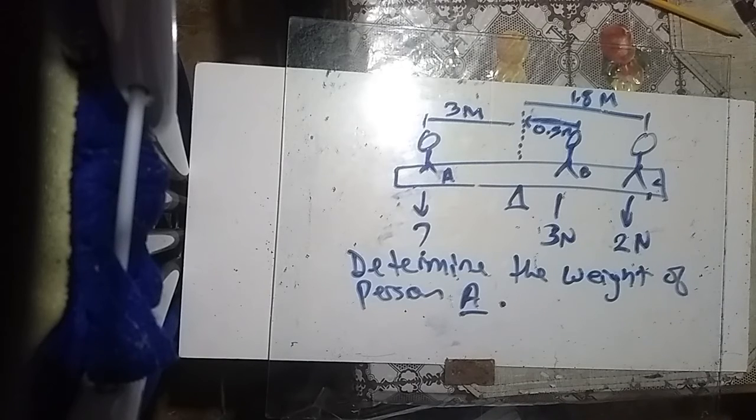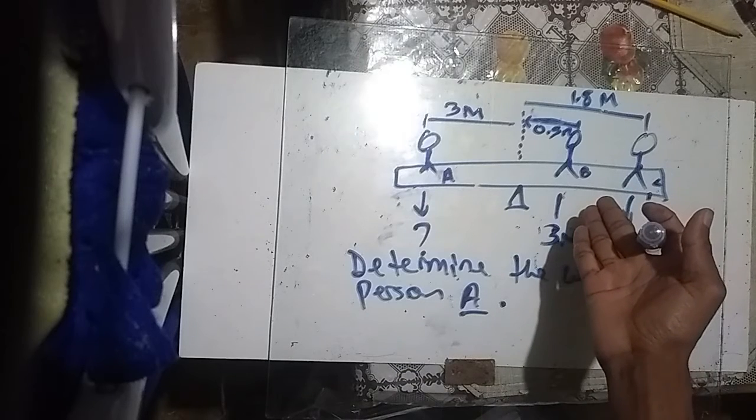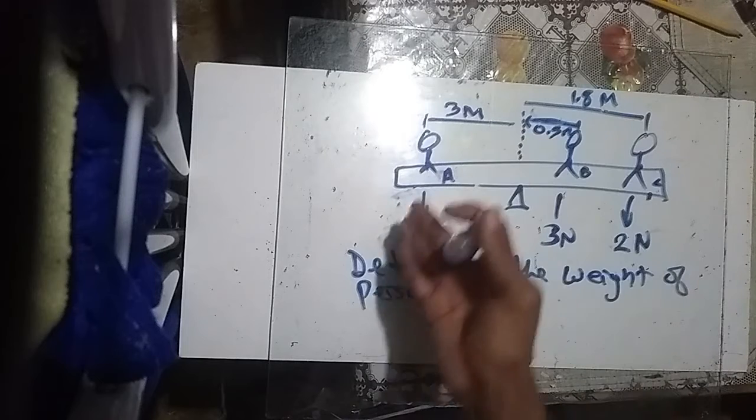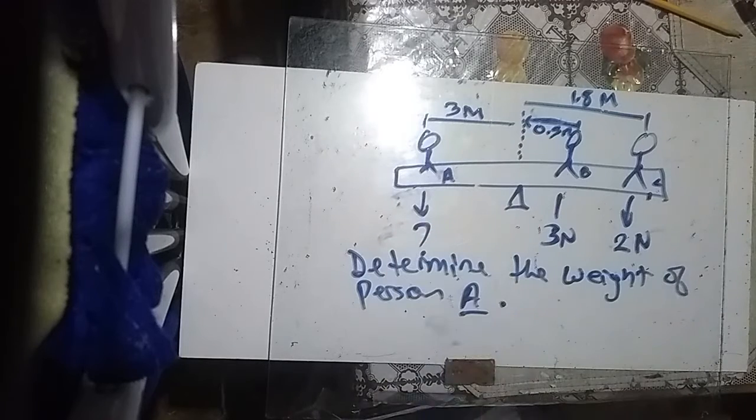When I introduced the principle of moments, I told you that the total anti-clockwise moment is equal to the total clockwise moments. That word total shows you that it can be any amount of force acting on the right hand side, and any amount of force acting on the left hand side. You can utilize all of them or some of them to find out anything that you want to find out.